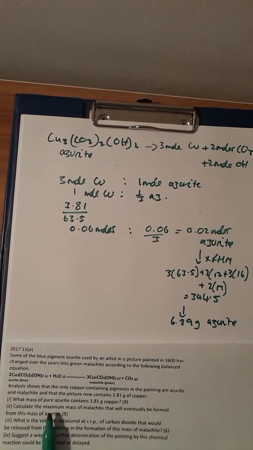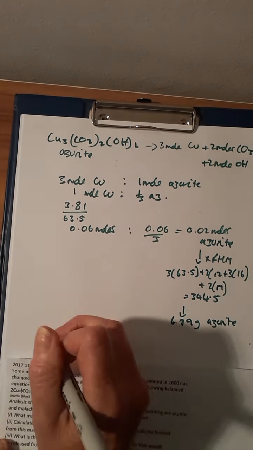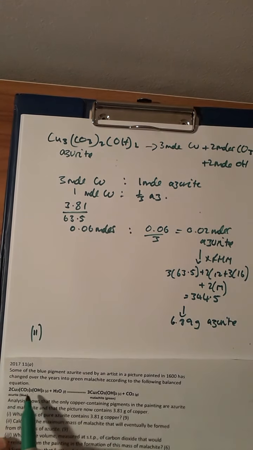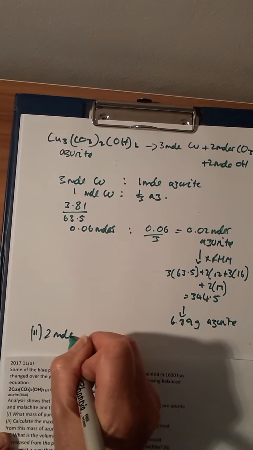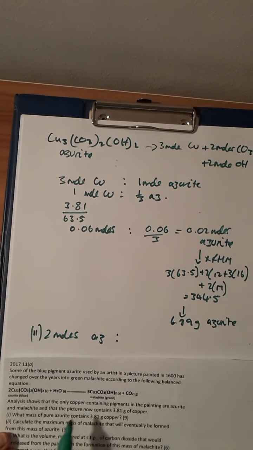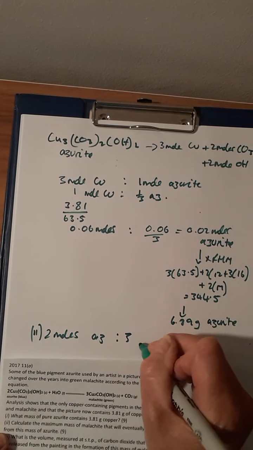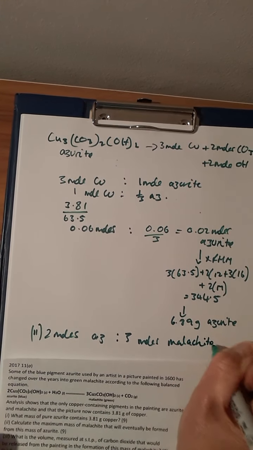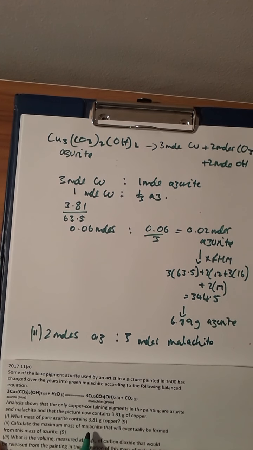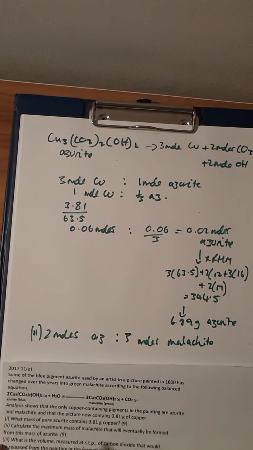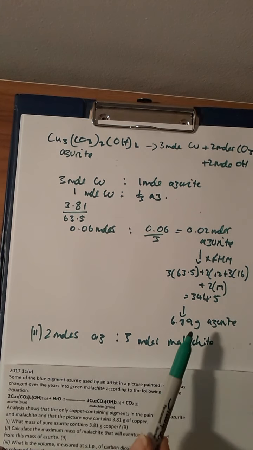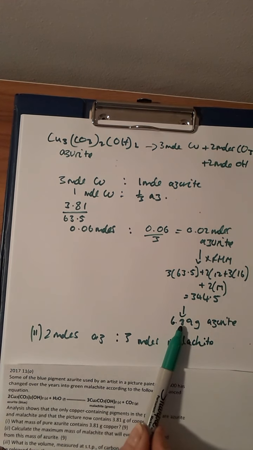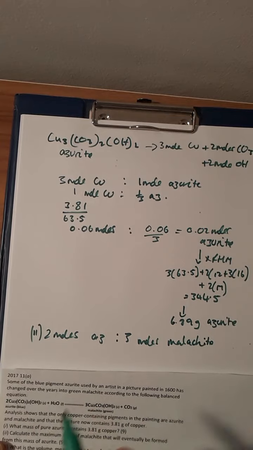Now calculate the maximum mass of malachite that will eventually be formed from this mass of azurite. Okay, so the second part of the question. 2 moles of azurite will produce 3 moles of malachite. And it says, calculate the maximum mass of malachite that will be formed from this mass of azurite. So this mass of azurite, 6.89 grams, is actually 0.02 moles.